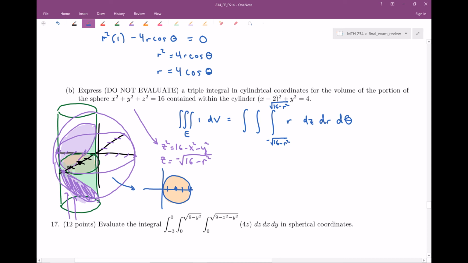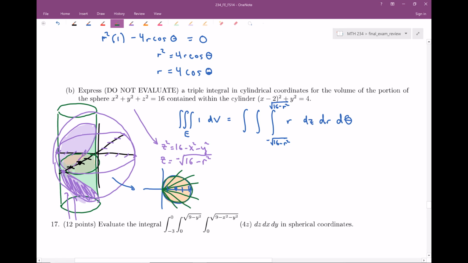All right, after we go in this z direction, we smash down into just the xy plane, and now I'm looking at something like this. And let's think about, okay, as I travel in the r direction, r starts at the origin and radiates outwards. You can notice that as I take even the tiniest little step, we start into our region here. And we always seem to exit through this circle.